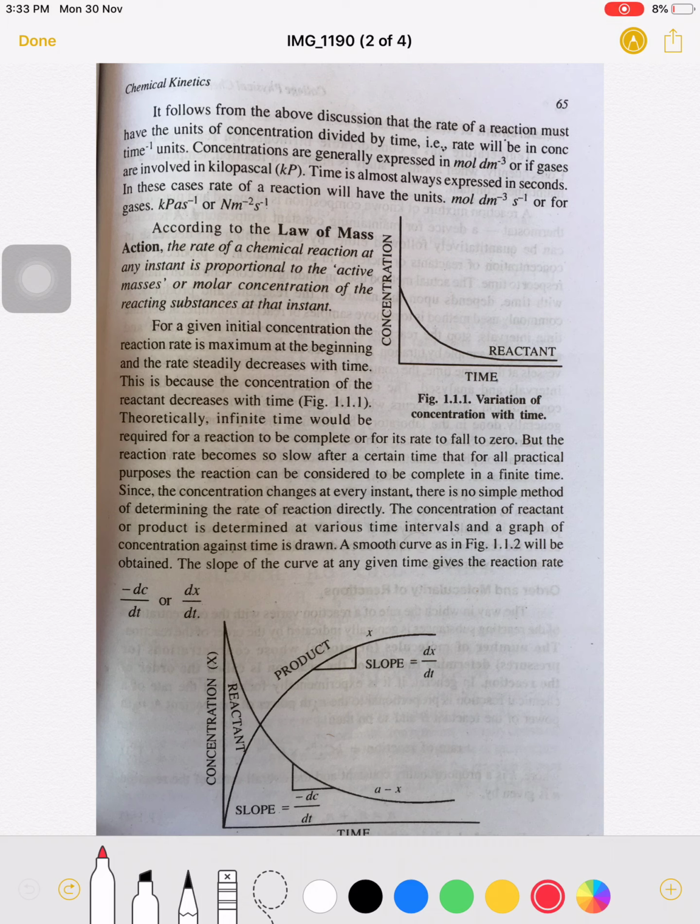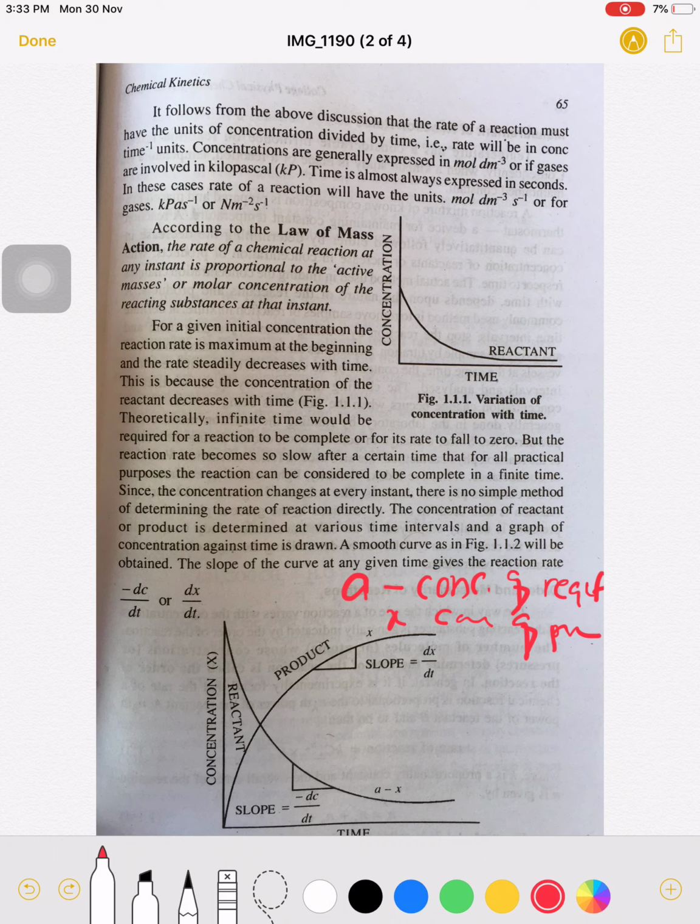Therefore there must be a change in the concentration of reactant, and only then is there a change in the concentration of product. Now see here, initially A is the concentration of reactant, and X is the concentration of product.